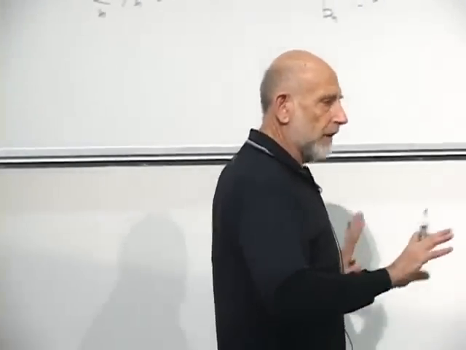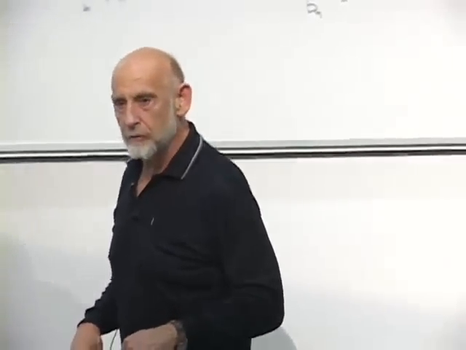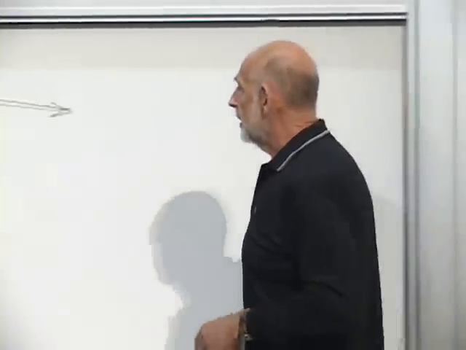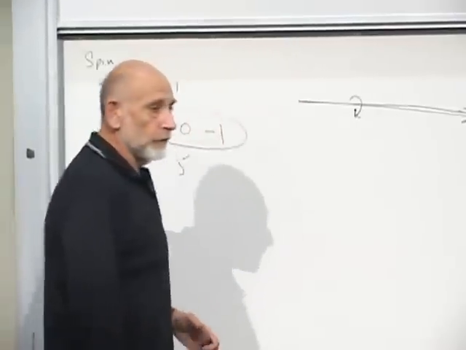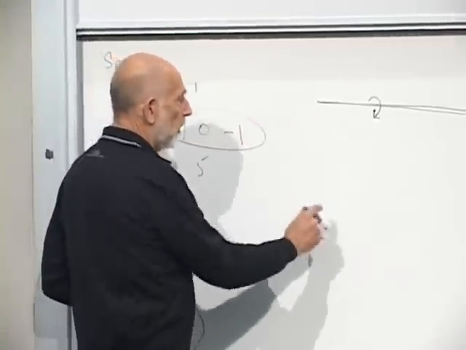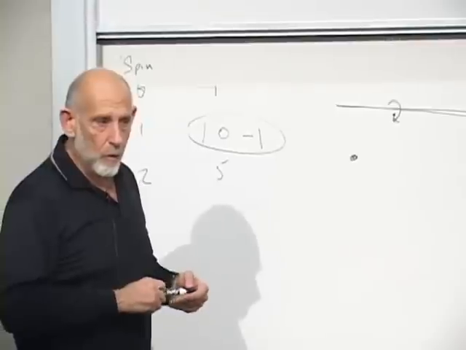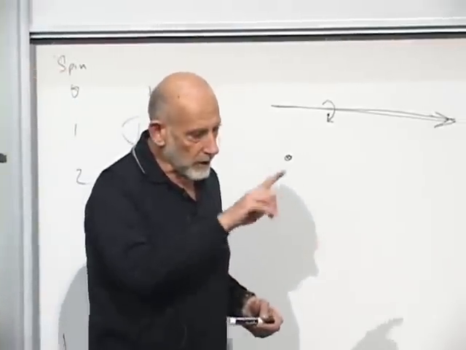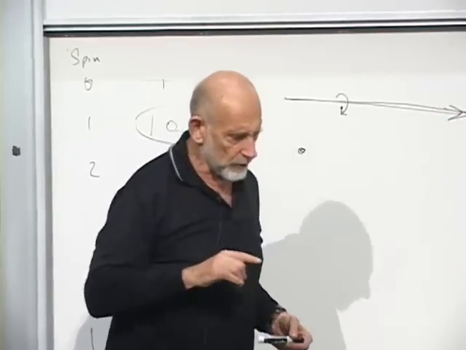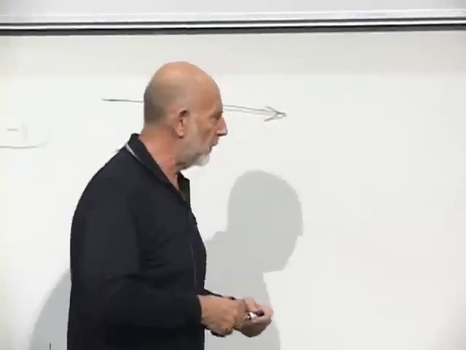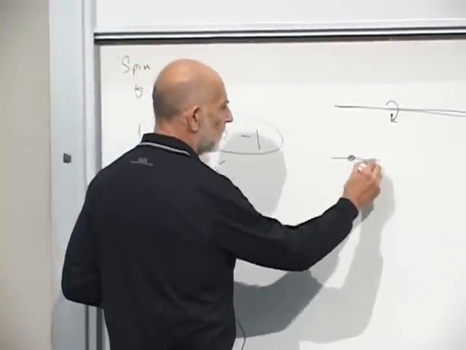It's not moving with the speed of light. It's got a mass. You keep up with it, and you look at the particle, and the particle's at rest. But moving along with it doesn't change its spin. If it's rotating this way and going down that axis, and you keep up with it, it will still be rotating that way. So it still has spin 1 along this axis.